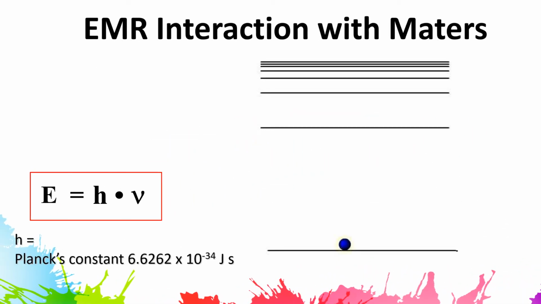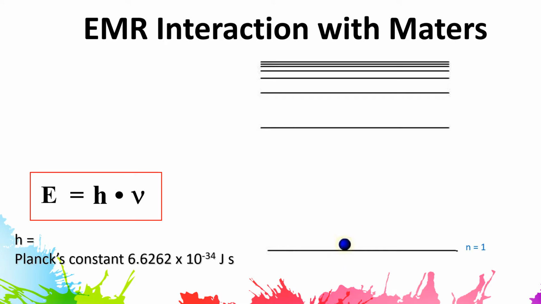Study more about this equation, and also we should know the electromagnetic radiation interaction with matter. What are these lines I have drawn in this slide? That is what we have done in our previous studies about energy levels in an atom. Let's think about the energy levels in an atom.